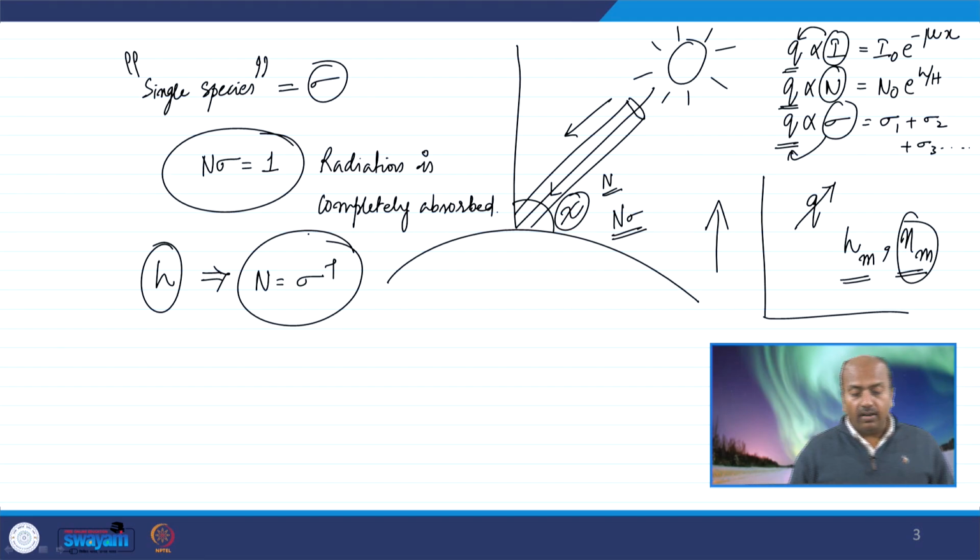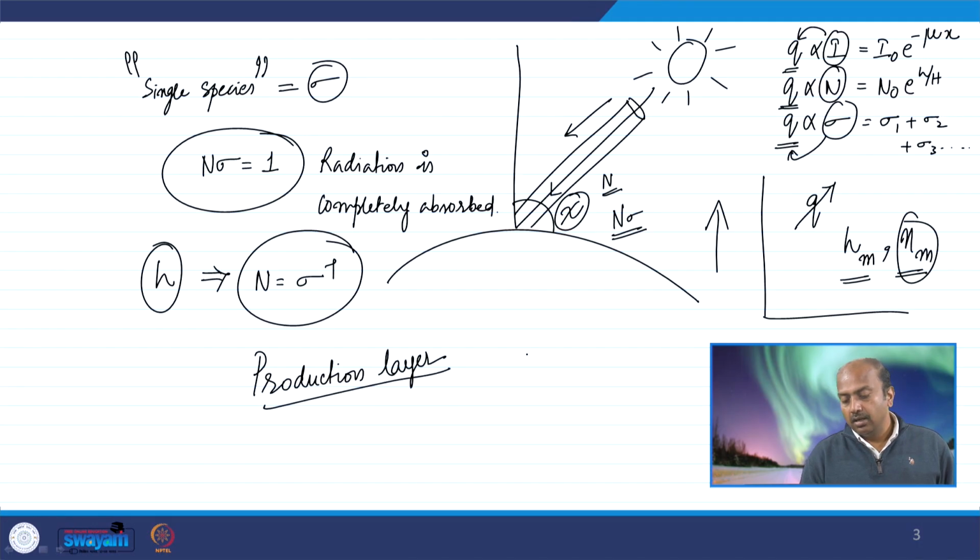Now, let us define what is called a production layer. What is a production layer? Production layer is a plot in which we have production versus height.